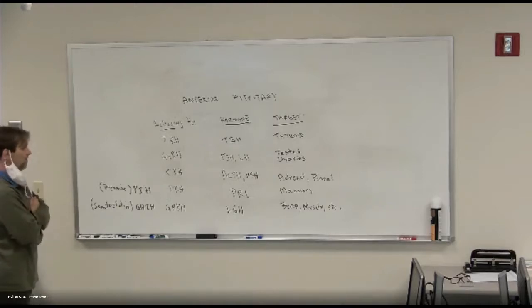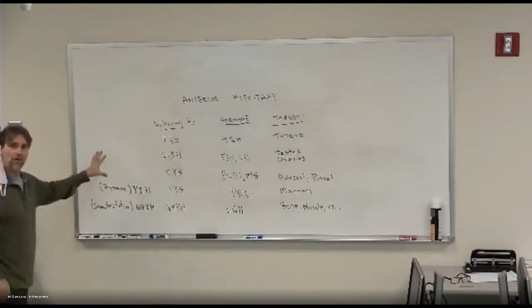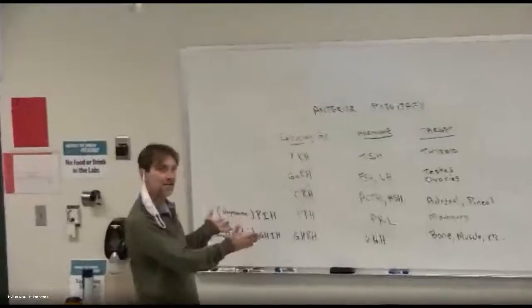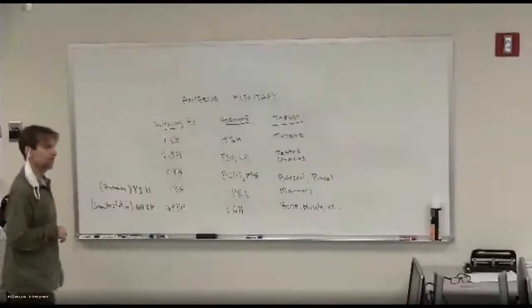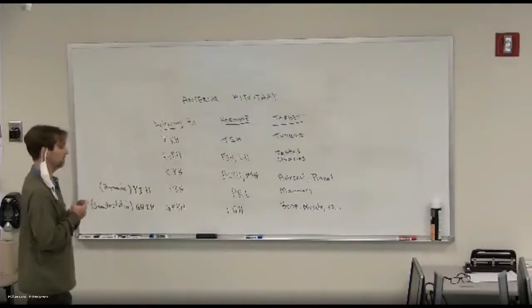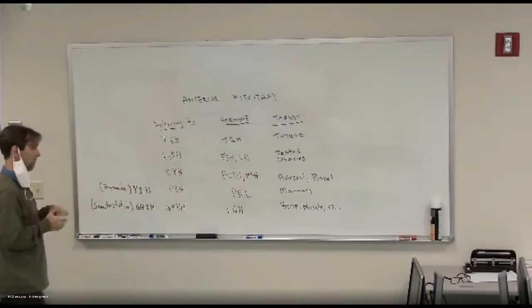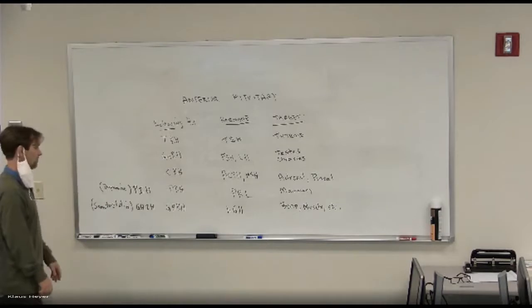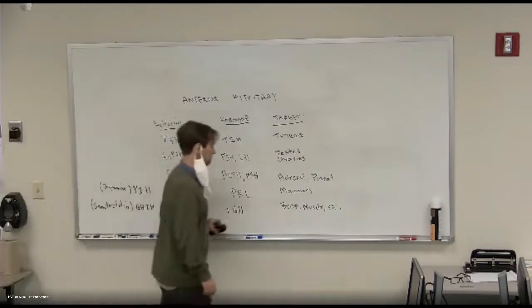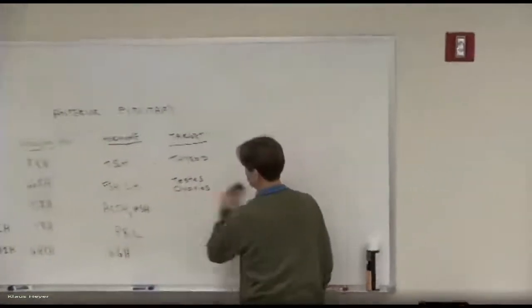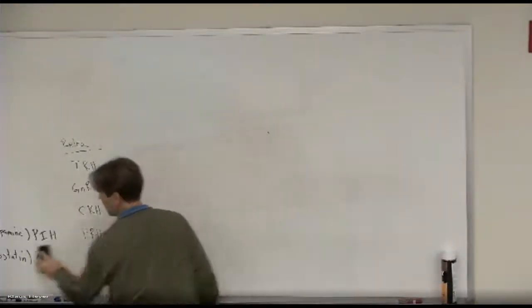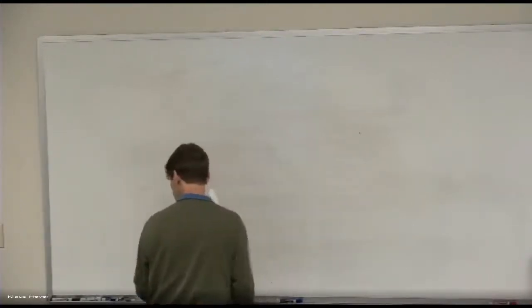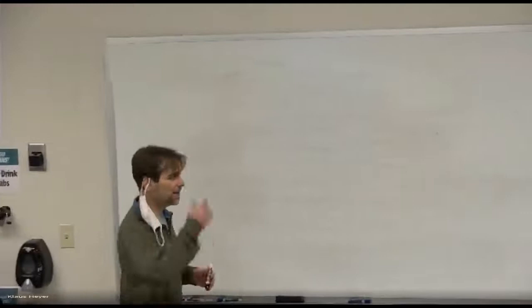Start talking about some of these by them. Oh, no, let's talk about the posterior. So this is the anterior pituitary. This one's much more difficult than the posterior. Posterior is much easier. So I'm going to erase all this. So the posterior pituitary doesn't make any hormones actually.